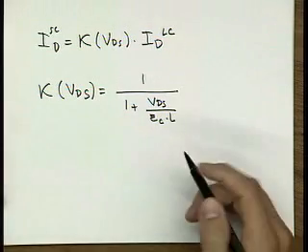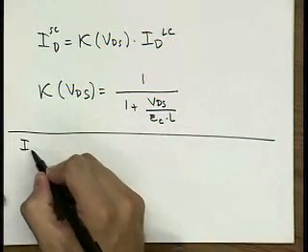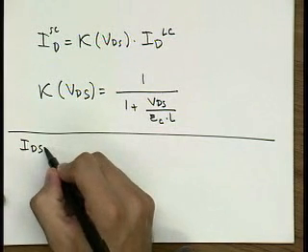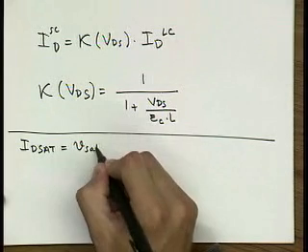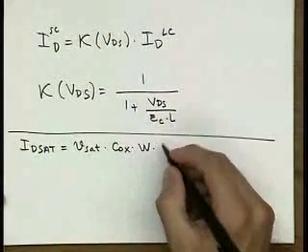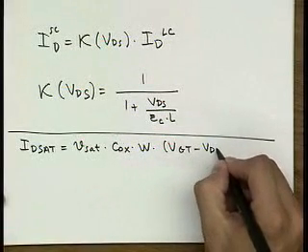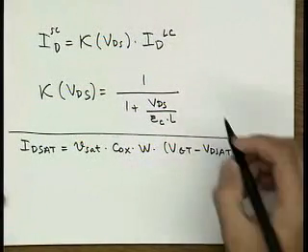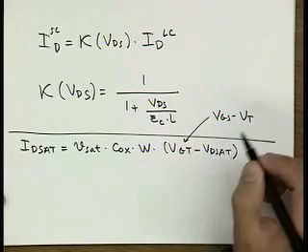Now we can compute this value of VDSat by writing down the equations that IDSat is equal to this velocity saturation times Cox times W times VGT minus VDSat, where this VGT is equal to VGS minus VT.